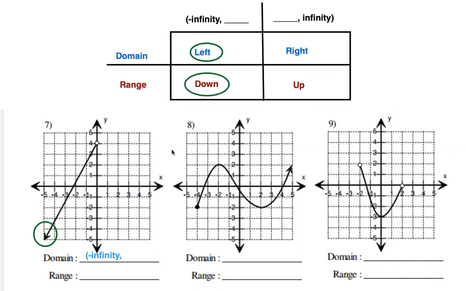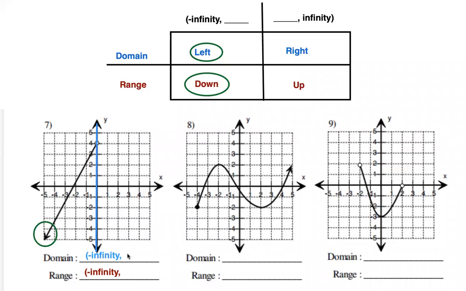Negative infinity, negative infinity. And again, if we look at our table, negative infinity is always in the beginning. So we need that right side of the graph. It is on the axes, going through an open circle.